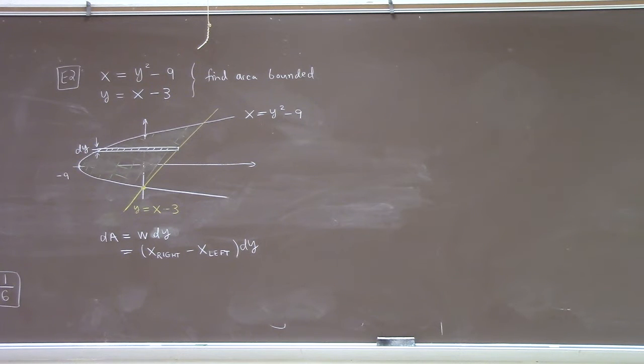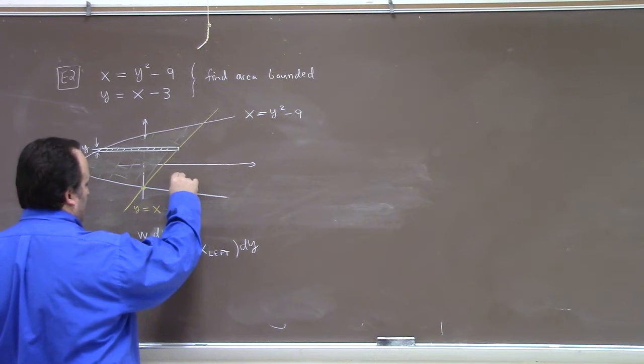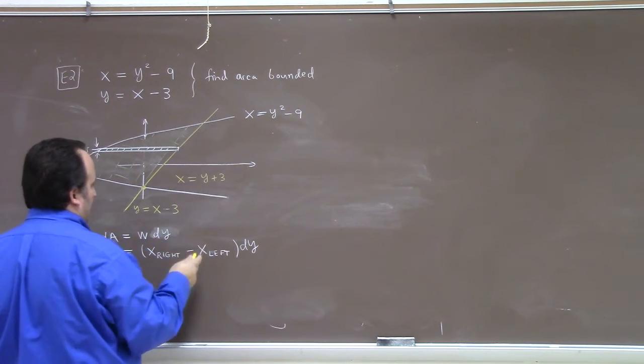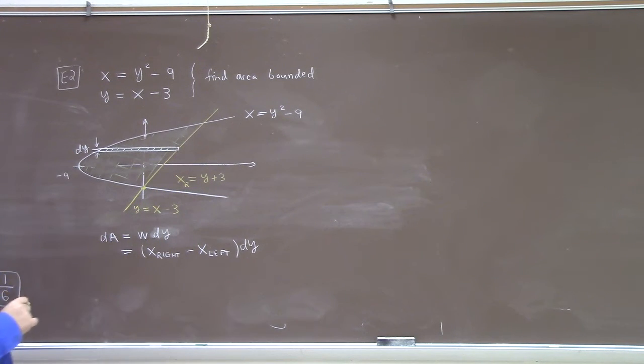So I want functions of y to describe my x's. So the yellow one, I've got x equals y plus 3. That's the right x, isn't it? That's the one that's on the right.